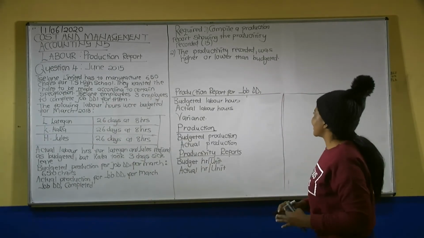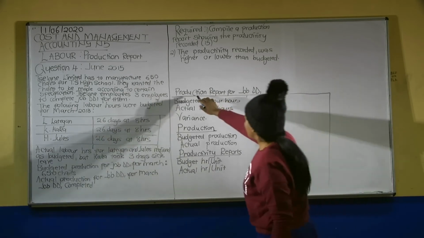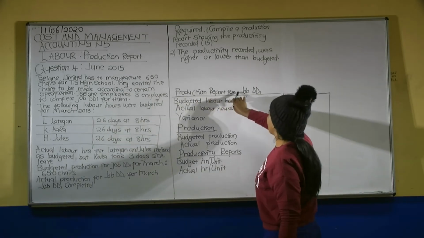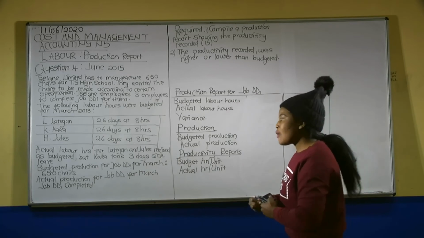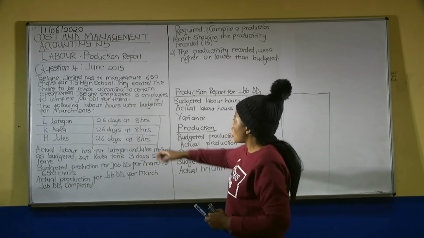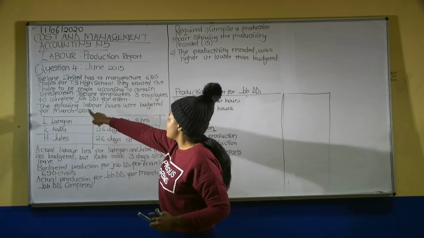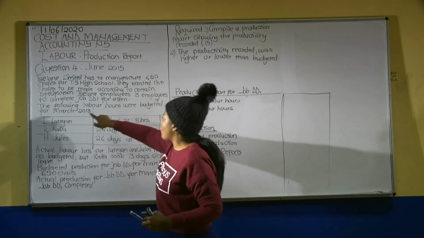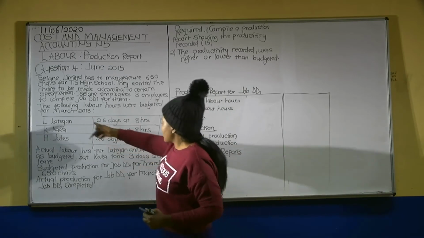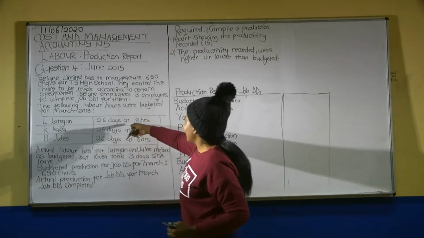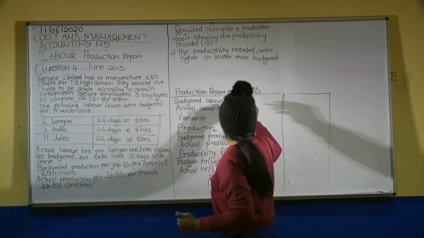We'll find out as we proceed. Let's go on to produce our production report. You write the subtopic, production report for job DD1. Budgeted labor hours: how many hours were budgeted? You go to your information, where you are told the labor hours budgeted for March. That means 3 employees working 26 days at 8 hours.